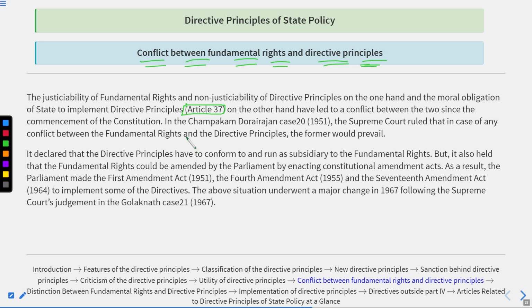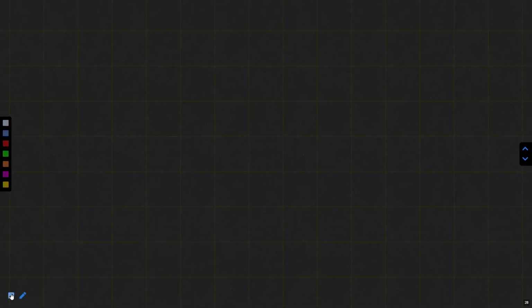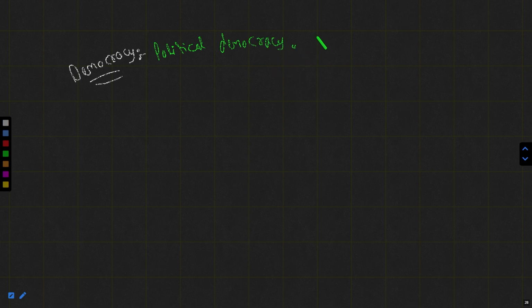So, what we have seen is that whenever we talk about democracy, in India, even the preamble of the Constitution signifies the aspirations of what we want to be, and we define democracy in three terms: political democracy, social democracy, and the last is economic democracy.